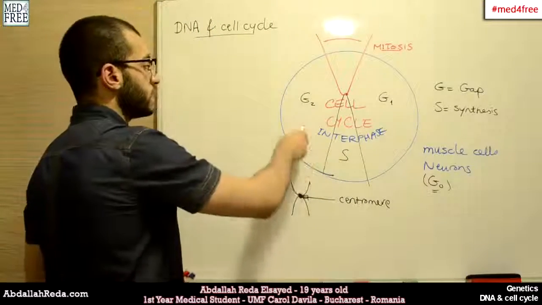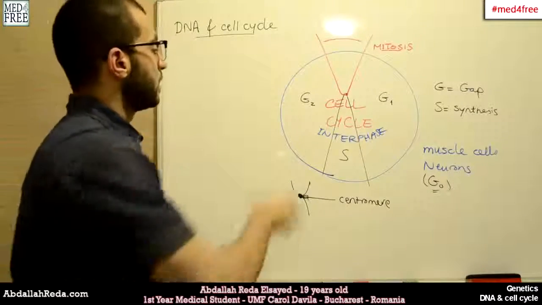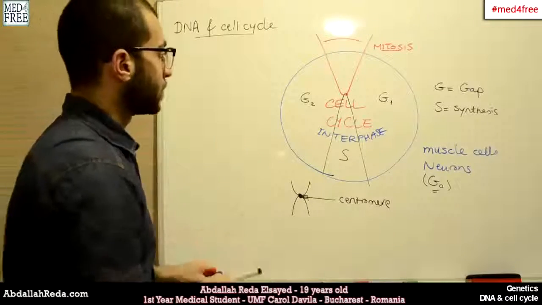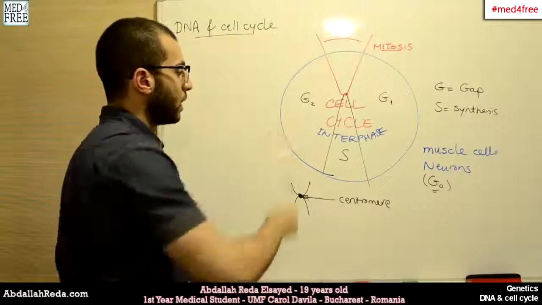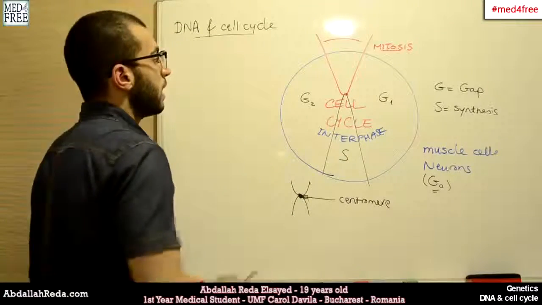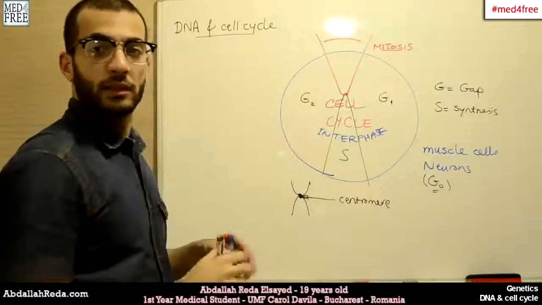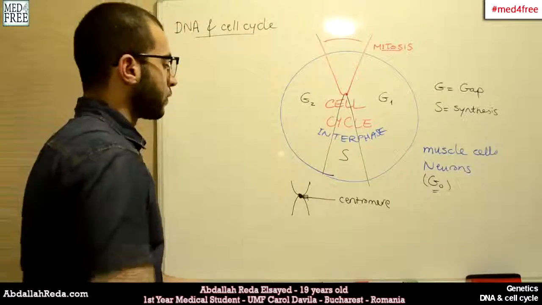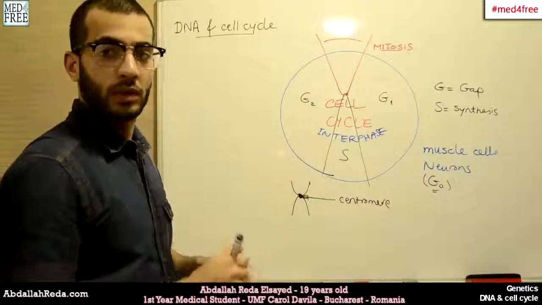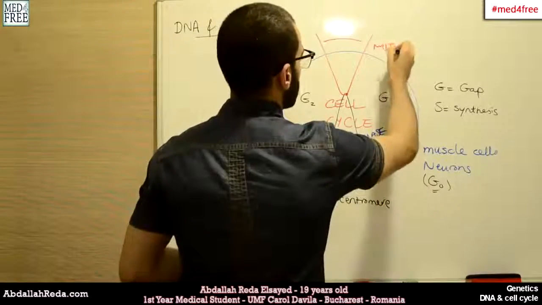And then we go through the G2 phase, which is also a gap phase. Nothing really happens. The replicated DNA goes under check to assure that there are no mistakes that happen during the replication. And then we go through mitosis, when the cell division happens, and of course by using the two copies of the DNA, each copy will go to the daughter cell in order to allow mitosis to happen successfully.